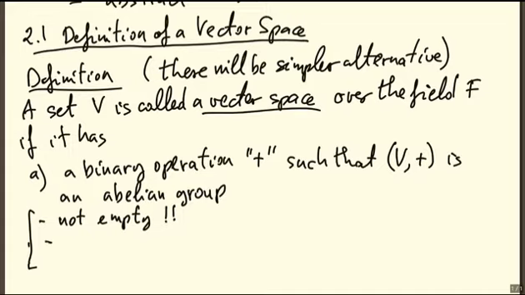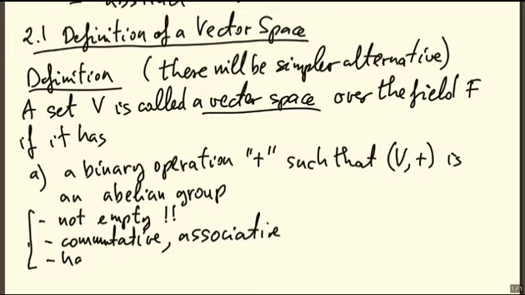Another important property is that it's commutative and associative, and that it has the identity element with respect to the addition.